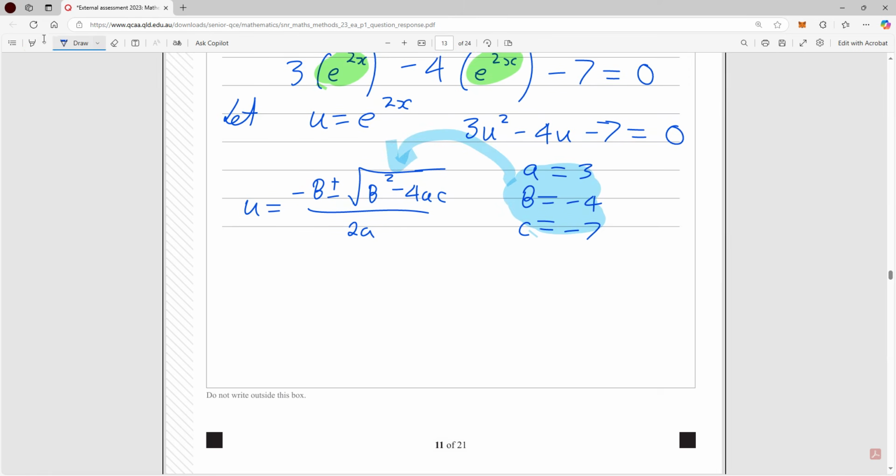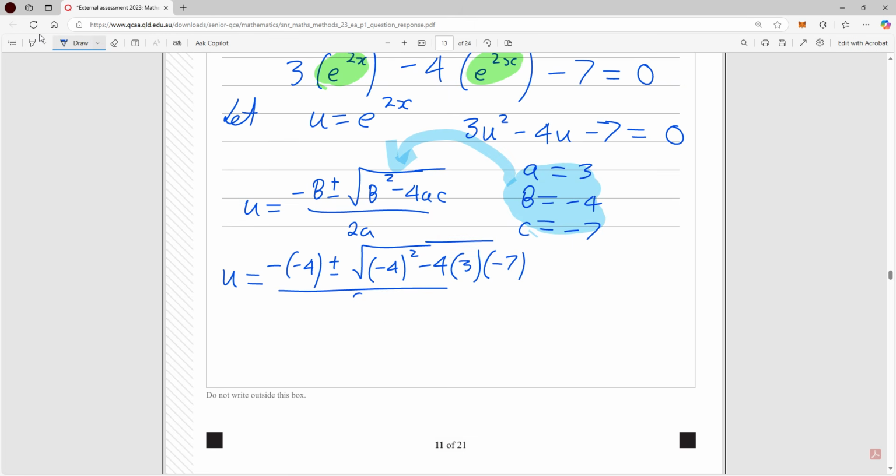Okay, if you do that, u will be negative of negative 4 plus or minus the square root of negative 4 squared minus 4 times 3 times negative 7, divided by 2 times 3. Now let's try and simplify this as best we can.